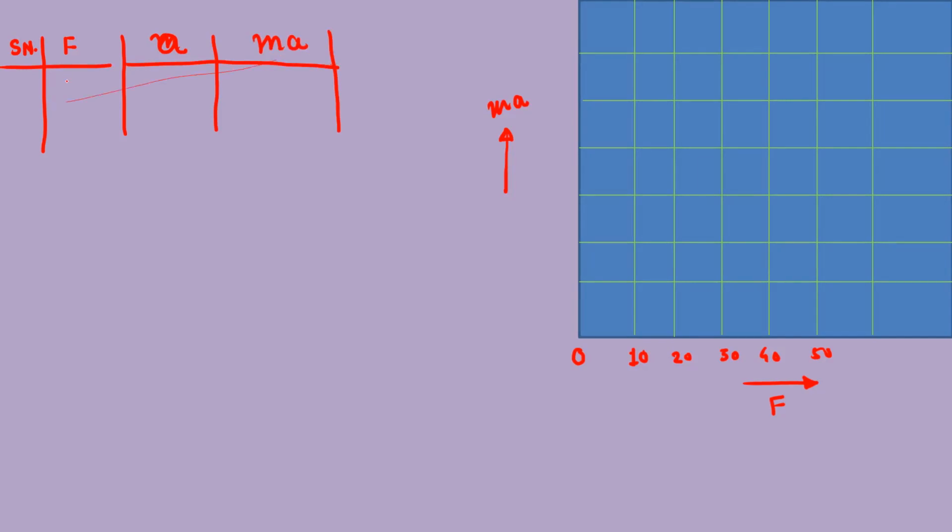First we have selected 10 Newton, then 20, 30, 40, and so on. For each value you will get some acceleration, so I will just write this as A1, A2, A3, A4. And then find out this product.